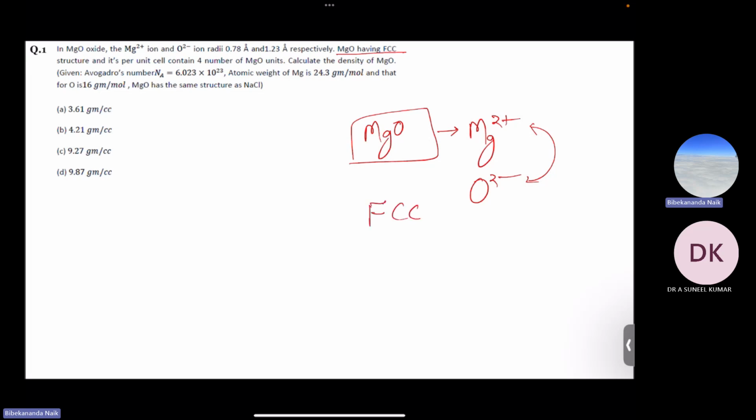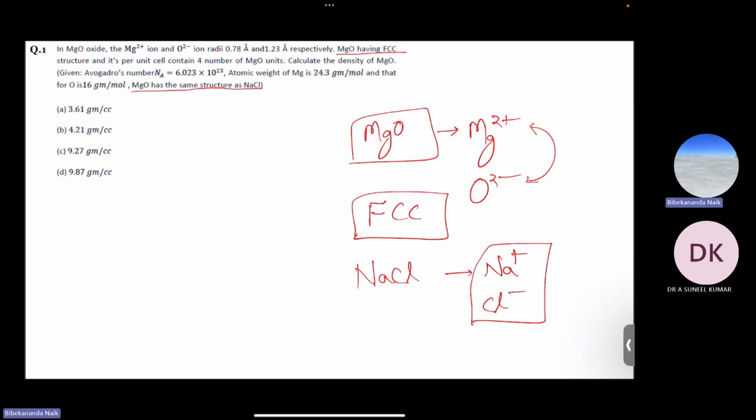Magnesium oxide has FCC structure, and in the question it is also mentioned magnesium oxide has the same structure as NaCl. In the case of NaCl also, sodium acquires positive charge and chlorine acquires negative charge, and they are ionically bonded with a particular type of FCC structure. In this question, it is also mentioned that per unit cell it contains 4 magnesium oxide units.